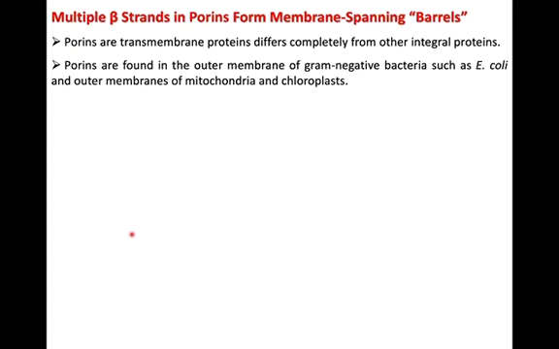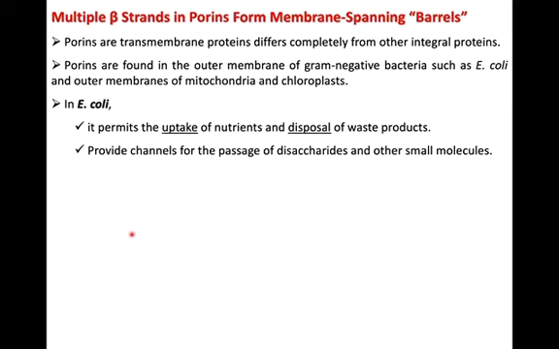These porins are found in the outer membrane of gram-negative bacteria like E. coli, and the outer membrane as well of mitochondria and chloroplasts. In E. coli, this beta porin permits the uptake of nutrients and disposal of waste products. So it's like a doorway that allows the entrance of nutrients and the expulsion of the waste products.